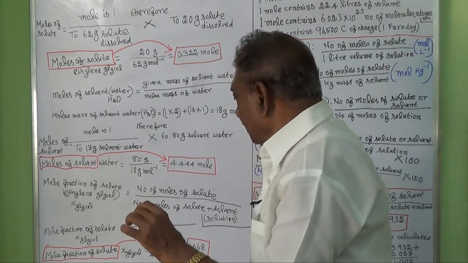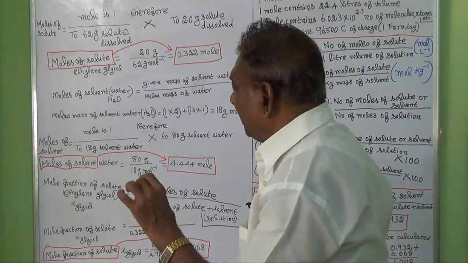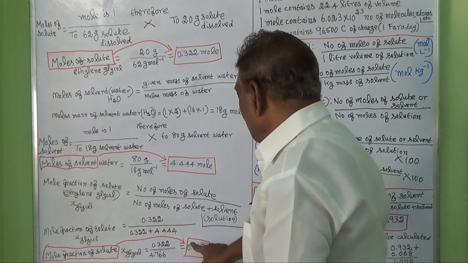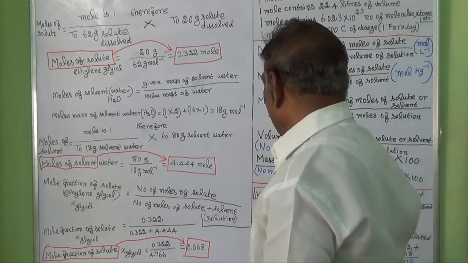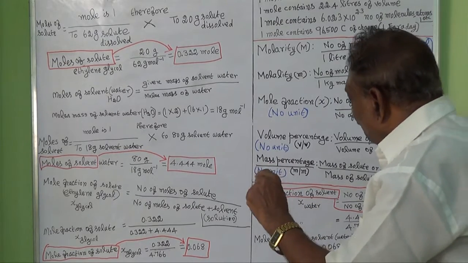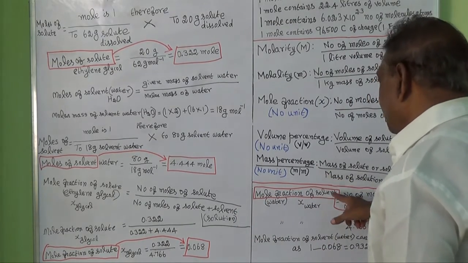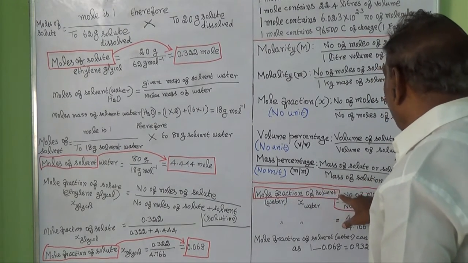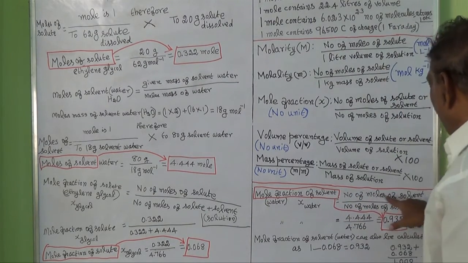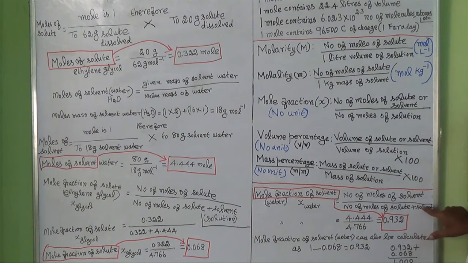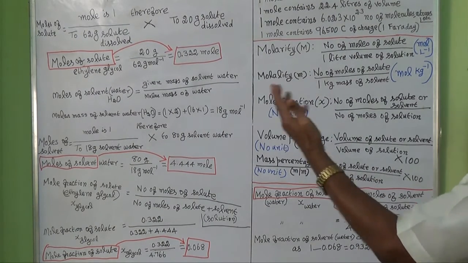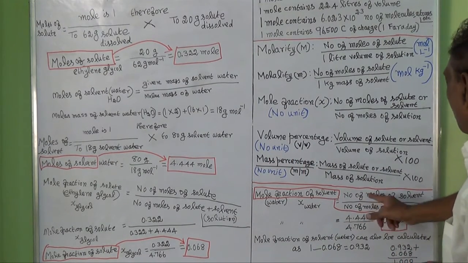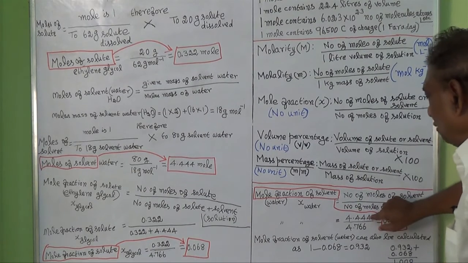We have determined the mole fraction of the solute, that is ethylene glycol, as 0.068. Now we are coming to find the mole fraction of solvent, that is water. What is the formula for the mole fraction of solvent? That is number of moles of solvent by number of moles of solute plus solvent. We have already found the number of moles of the solvent as 4.444, which is substituted in the numerator.